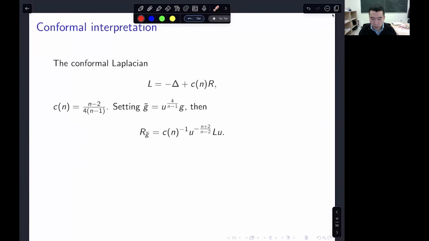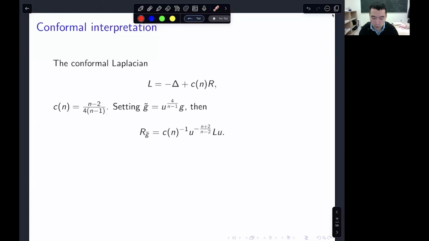There are two ways to use the Schoen-Yau observation. I would understand it as two interpretations of the inductive descent argument of Schoen-Yau. The first one, which is also in the canonical order, is the conformal interpretation.